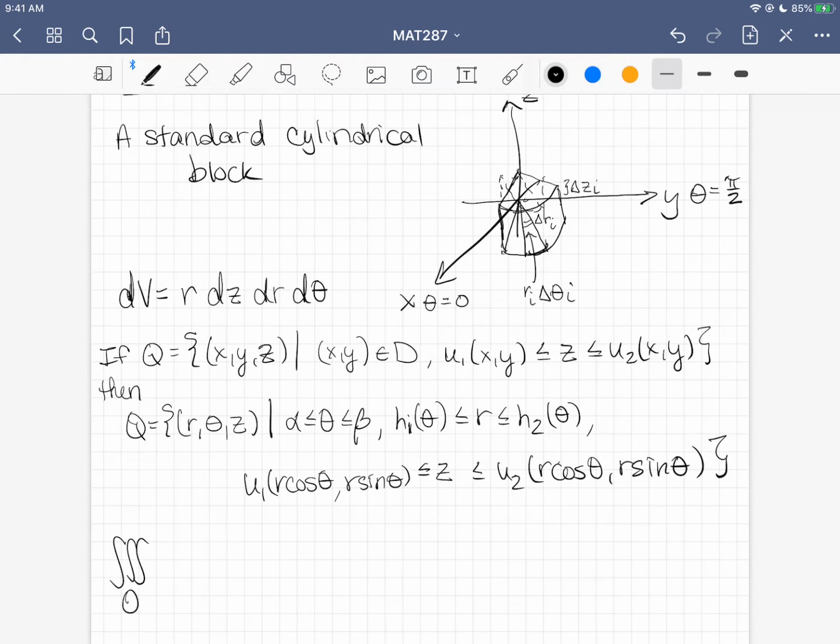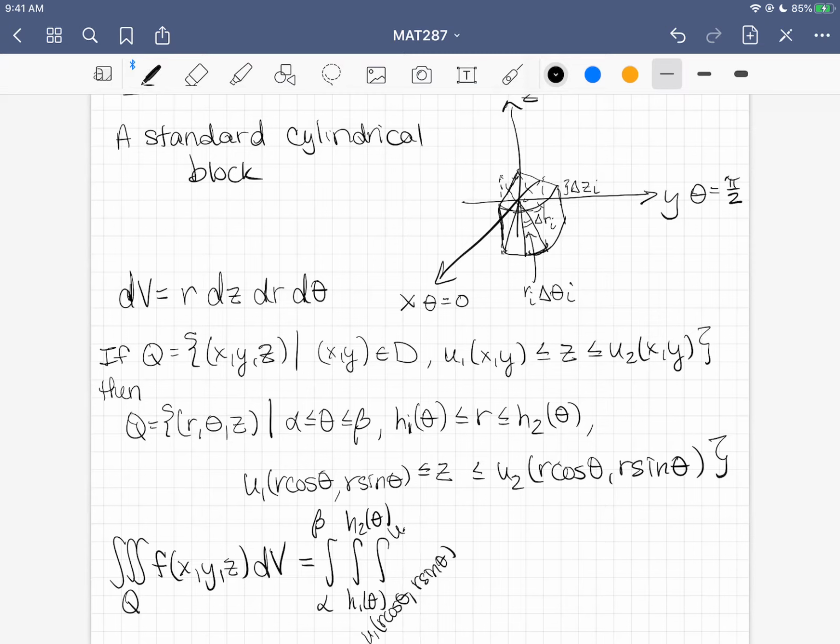So the triple integral over Q of f of x, y, z dV becomes the triple integral with bounds alpha to beta, h1 of theta to h2 of theta, and this last one is kind of messy, u1 of r cosine theta, r sine theta, u2 of r cosine theta, r sine theta, of f of r cosine theta, r sine theta, z, r, dz, dr, d theta.